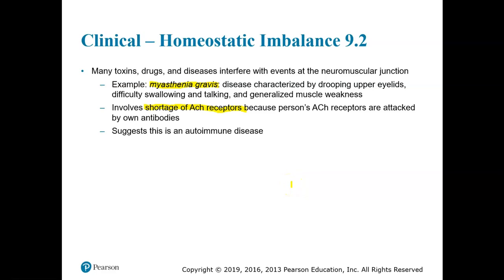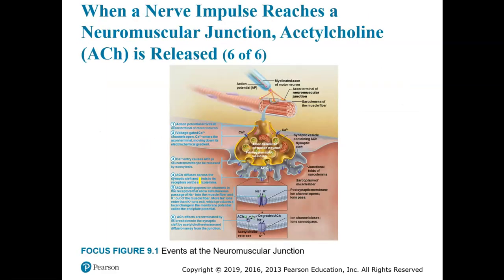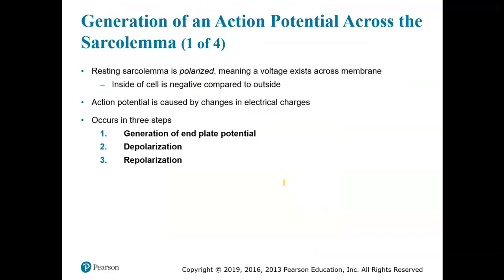A lower number of those receptors means less depolarization at that motor end plate, so less depolarization of the sarcolemma, and that's going to mean it is less likely that an action potential will be generated.